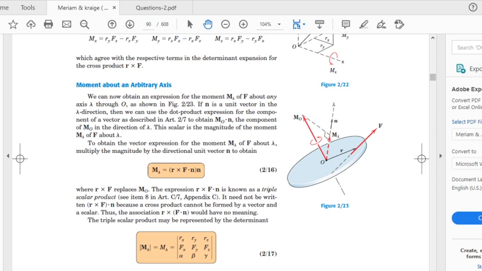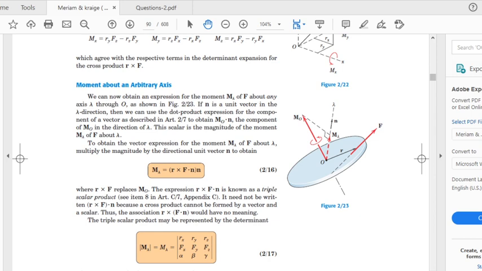And how do we take the projection of a vector onto a line? We draw a perpendicular from the head of the vector onto that line, and wherever it intersects that line, that gives us the projection of that vector onto that line.